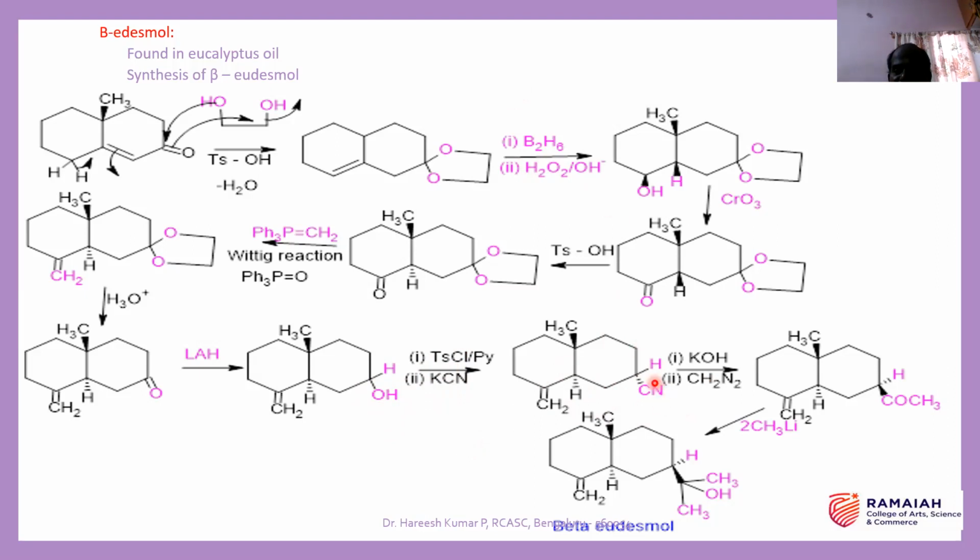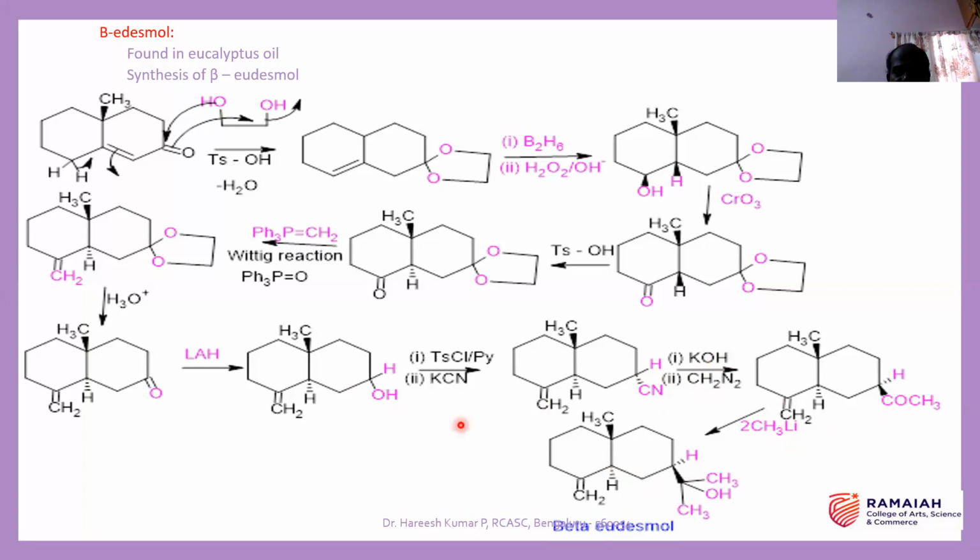Then this nitrile is hydrolyzed with OH minus, meaning CN is converted into CONH2 amide. That amide is treated with diazomethane to form a ketone. The ketone on reaction with methyl lithium gives beta-eudesmol. This is about the synthesis of beta-eudesmol.